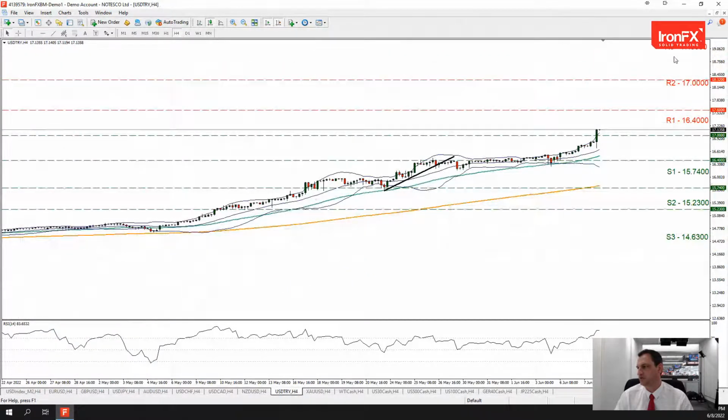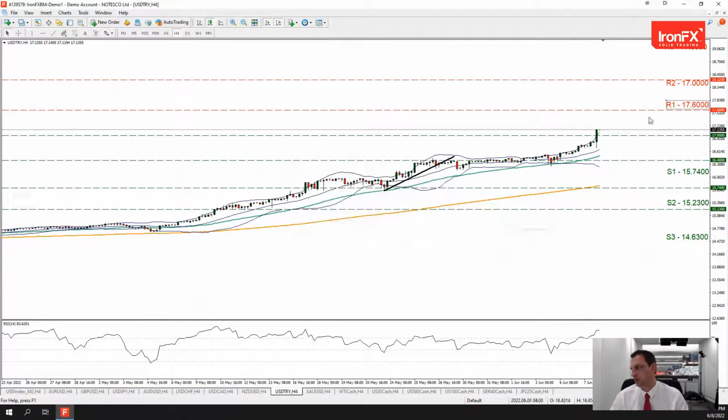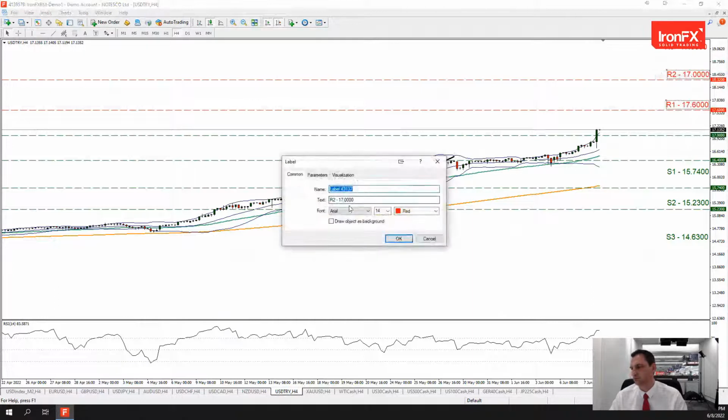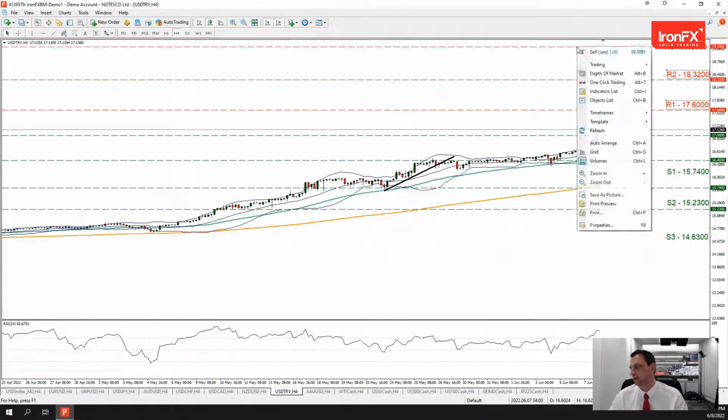So let's readjust these levels. Placing the R1 now at 17.60. The R2 at 18.32. I'm going to be placing another one at 19.00.